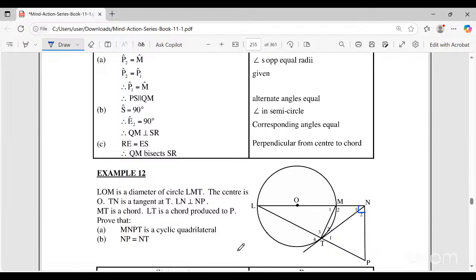Anyone with an idea, guys, of how we can prove that? Naledi, you want to give it a try?